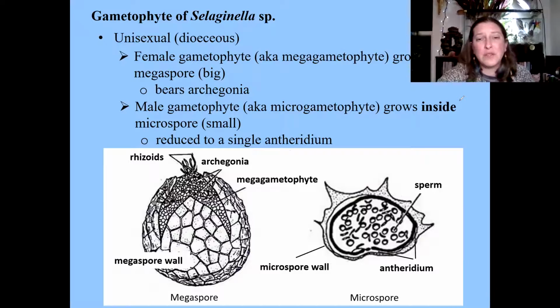It's so very small. The megaspore is a little bit bigger, so it can fit a few archegonia. It even has rhizoids. So the female gametophyte could be a little bit bigger because it grows in the megaspore, but the male gametophyte plant is only one antheridium now because it has to fit inside of the microspore.